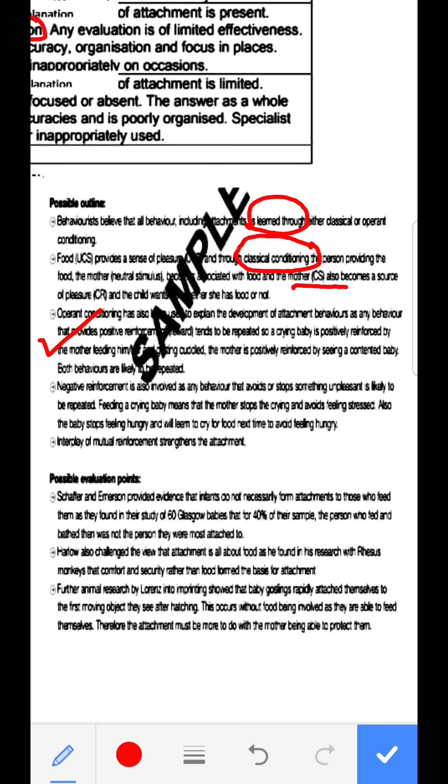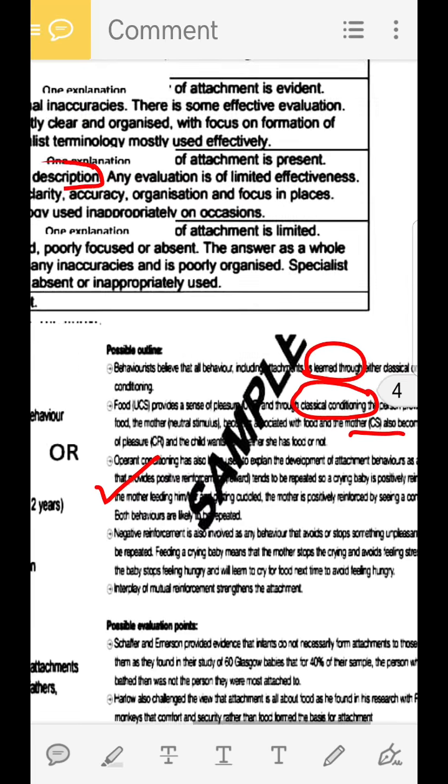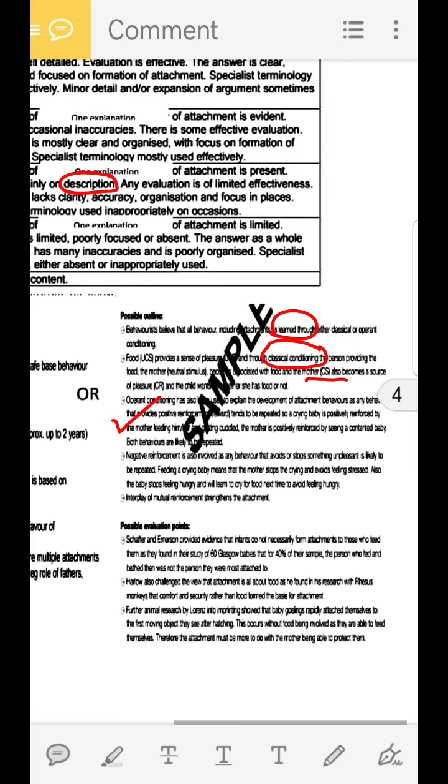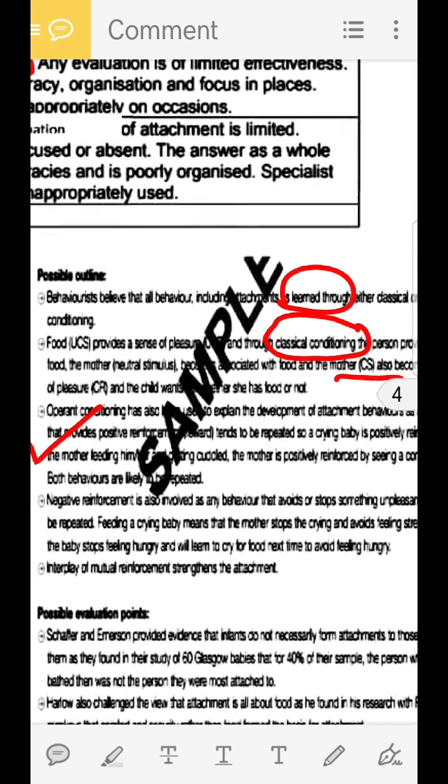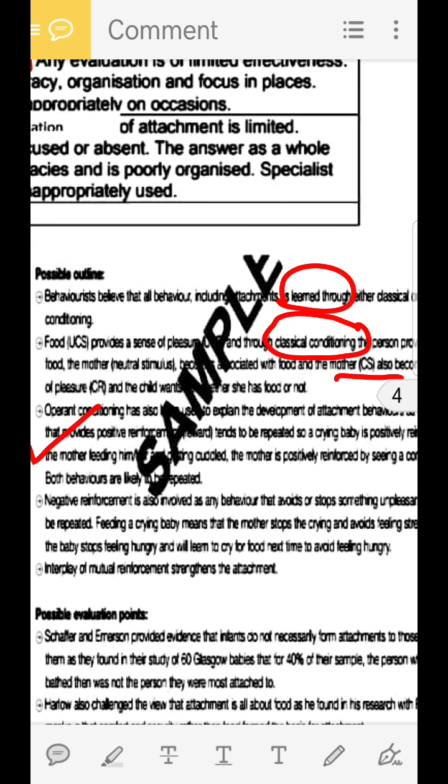It is really important to note though here that you only had 4 marks of description available, so you didn't actually need to do both classical and operant conditioning. If you'd used correct terminology, you could have got your 4 marks legitimately just by doing either classical or operant.